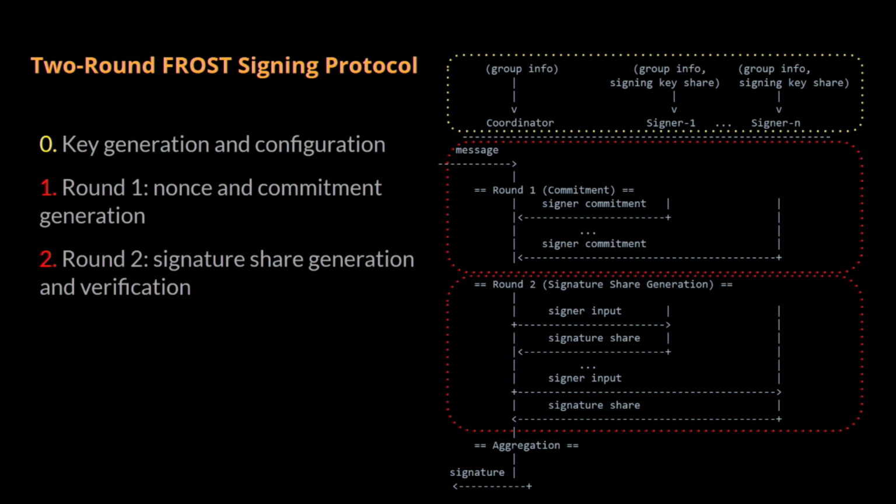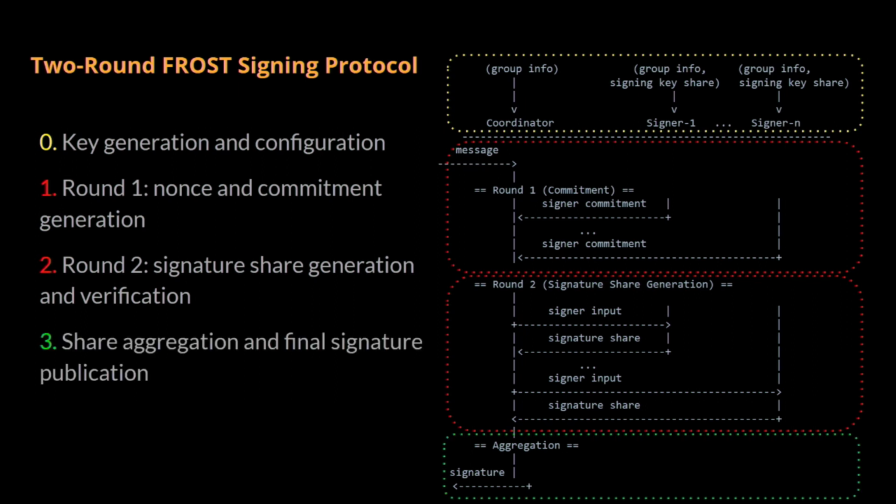In the second round, the coordinator will send out the message to be signed and have all of the signing participants sign over that message and use the commitments that they saw in the first round as inputs to the signing share that they create, and send those signing shares back to the coordinator. The coordinator aggregates those together and produces your threshold signature.